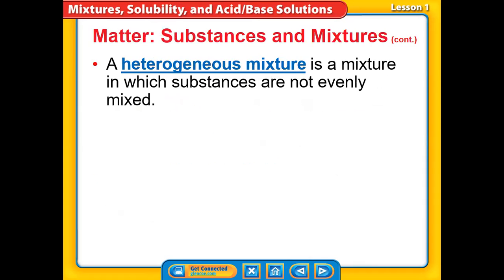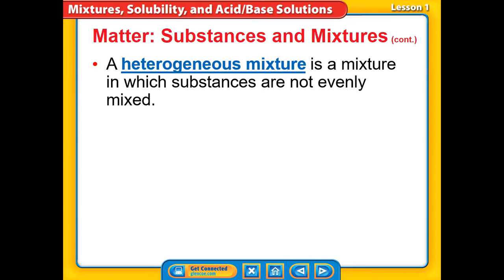Let's start with heterogeneous mixture. The word hetero means different. A heterogeneous mixture is a mixture whose components can easily be distinguished by the naked eye. You can determine that this mixture is made of different components and distinguish them easily.